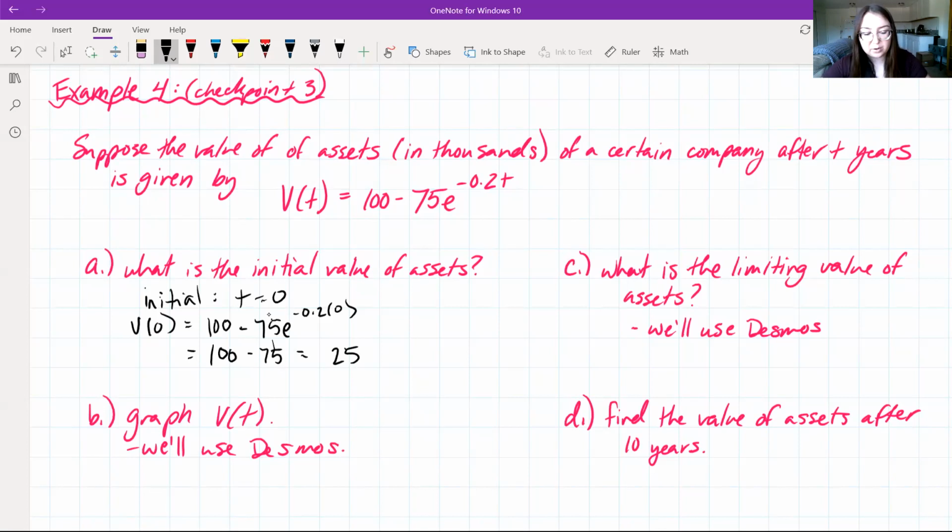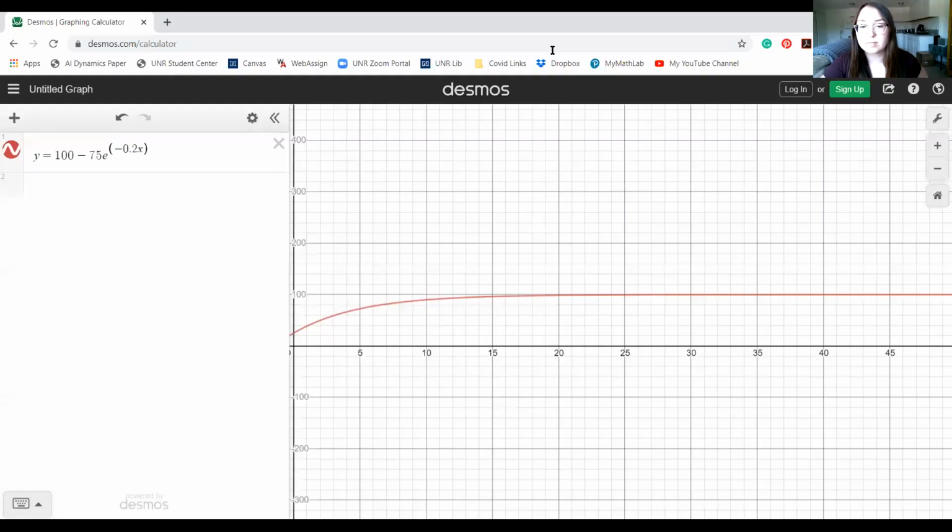So we want to graph V of t, and we're going to use Desmos to do this. Okay, so now we have graphed our equation, which was y equals 100 minus 75 times e to the negative 0.2x, or t in our case, but in Desmos it really likes y and x, so we'll use y and x for now.